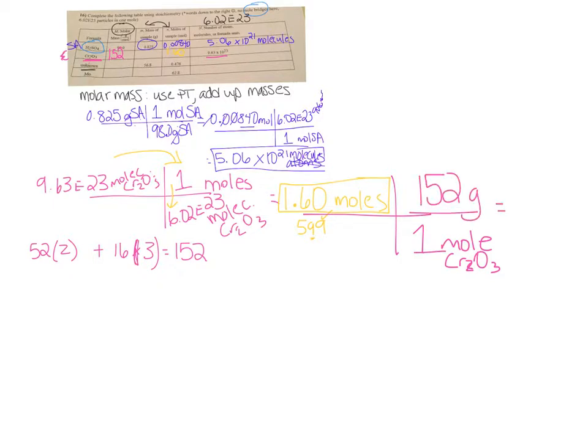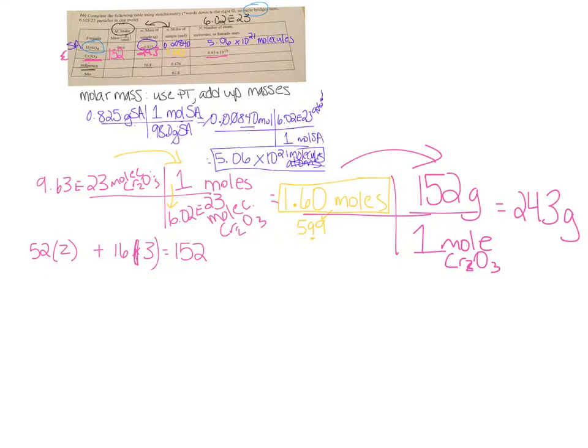So now it's just straight multiplication. Don't have to worry about that 1. So we're going to multiply it by 1.60. And I'm going to leave it for 3 significant figures again. So I'm going to say 243 grams. Okay, so you have a sample of 243.